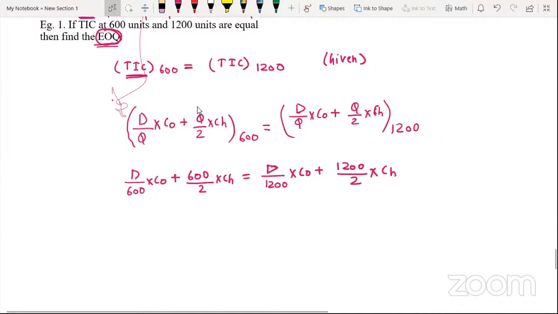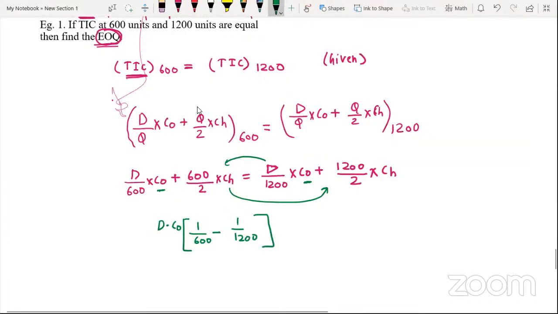So what should we do? We should bring the similar quantities on a single side. Here C naught and here also C naught, so we will bring this C naught to this side and this CH to the other side. D into C naught is constant, and we will get 1 by 600 minus 1 by 1200, and here we will get 600 minus 300, into CH.